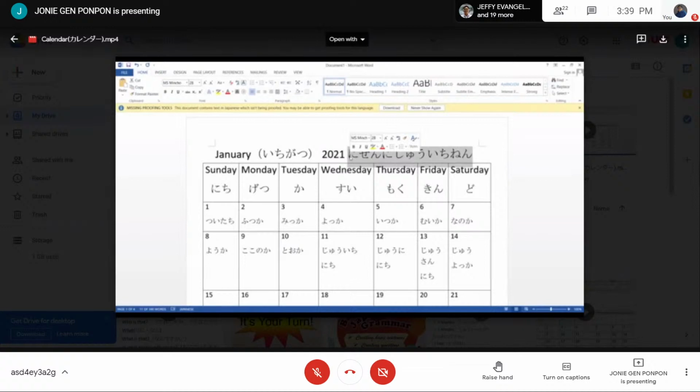The same goes for 1989 for your birth dates. So they are 1989, 1991, 1995. Just add the suffix nen at the last part, and then you have the year. So I guess that's all for the calendar.